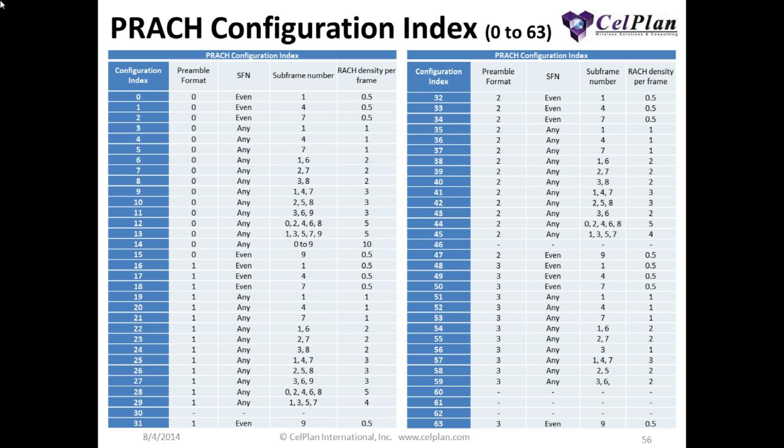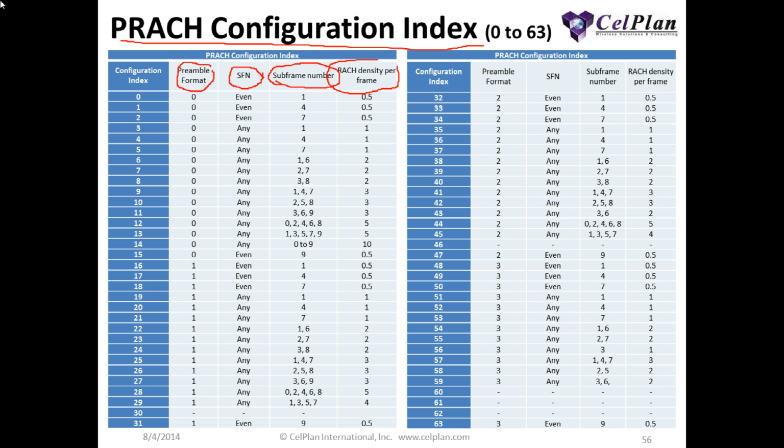Okay, the PRACH configuration index then, it mixes the preamble format, the system frame number, the subframe number, and the RACH density per frame.